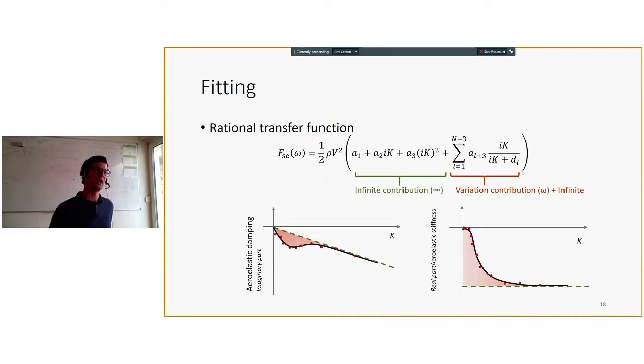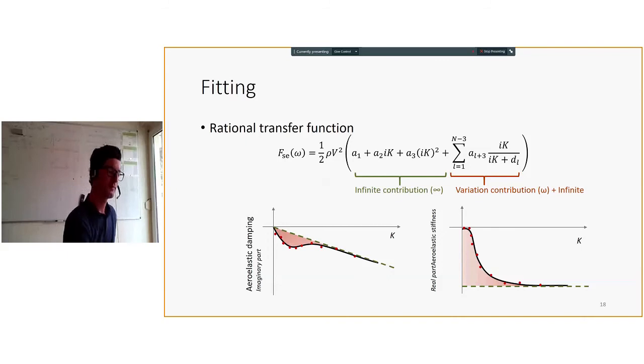What is common for all of them is that there is a proposed equation that is fitted to the data, and this equation has to be analytically derivable. So that's the basic idea. We fit the data and then we make an analytical transformation into time domain. And as you can see here, for the damping and for the stiffness, this could look something similar to what is shown below. Also, we have here an infinite contribution and a variation contribution.